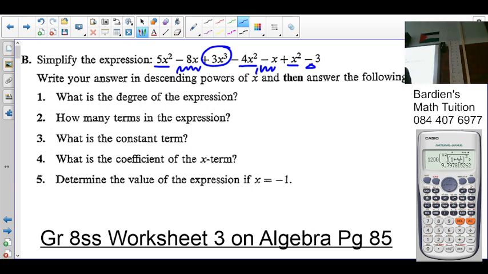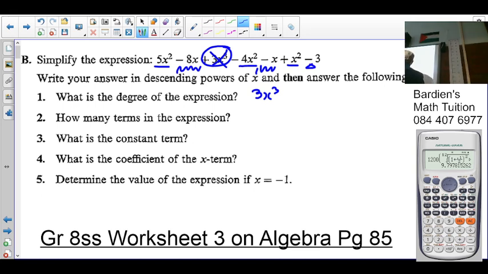If they want you to write it in descending powers as well, we're going to start with the highest exponent on x. Not so? The highest exponent on x is x cubed. So I got 3x cubed. So that one is up. Now I'm going to look for x squares. So 5x squared minus 4x squared is what? x squared.